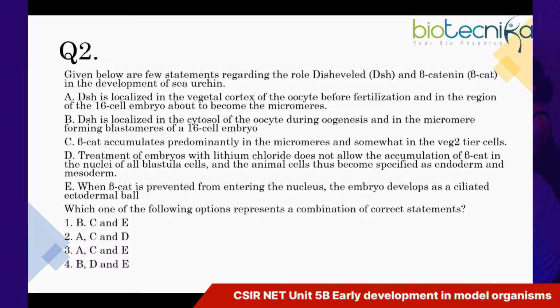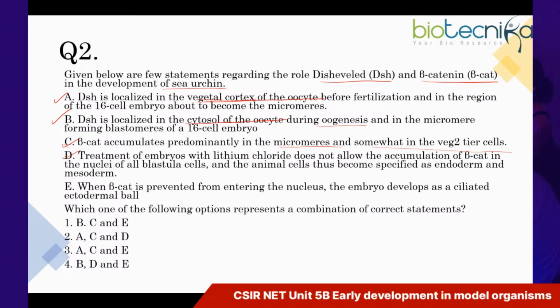So there are a few statements regarding DSH. Just now we were discussing Disheveled and beta-catenin in development of sea urchin. A says that DSH is localized in the vegetal cortex of oocyte, whereas B says DSH is localized in the cytosol of oocyte during oogenesis. C says it predominantly accumulates in micromeres and somewhat in wedge two tier.